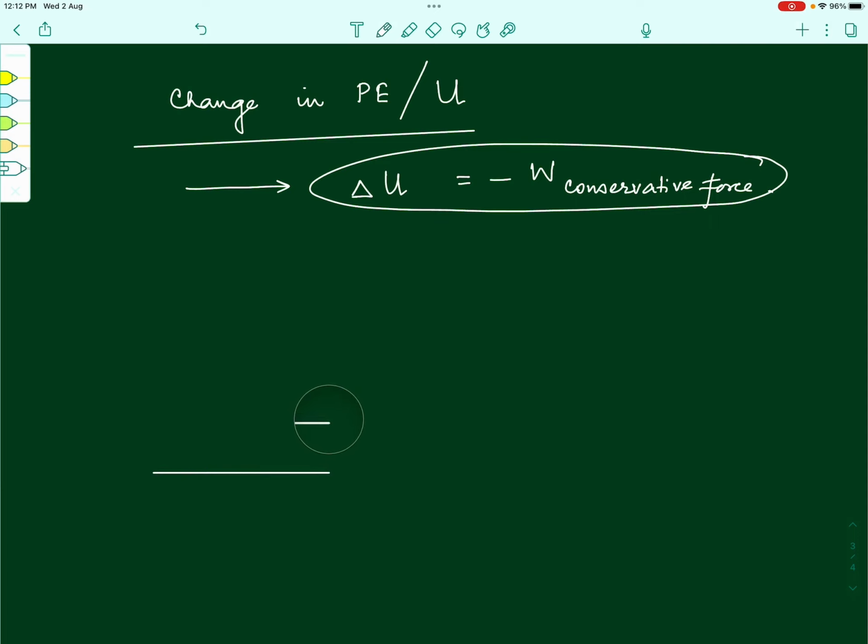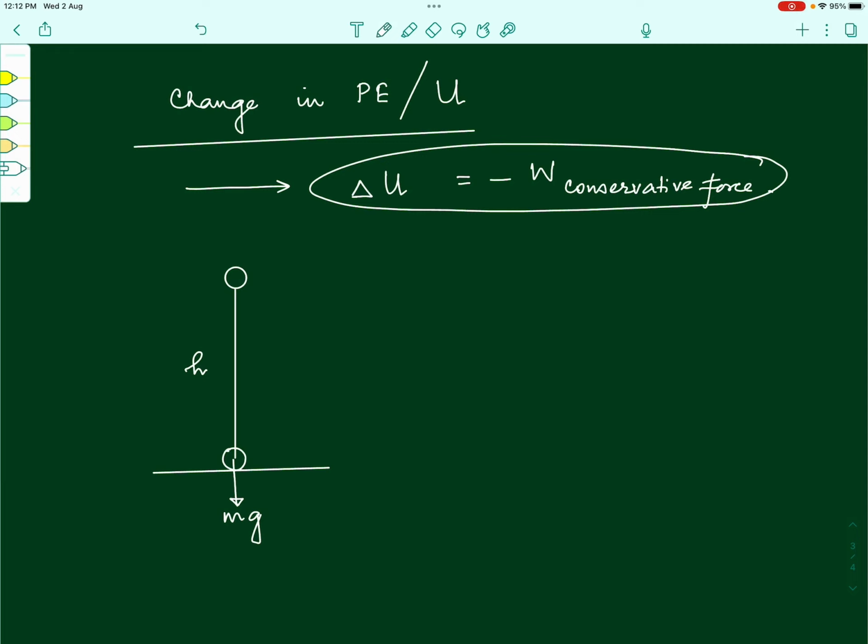So, let us say we have a ball which is initially held on the ground, and a force acts on the ball and it reaches a height h under the effect of that force. Now, do we understand that at all times the weight of the ball was mg in the downward direction, right? And we can easily find out the work that this force will do on the ball as it reaches a height h.